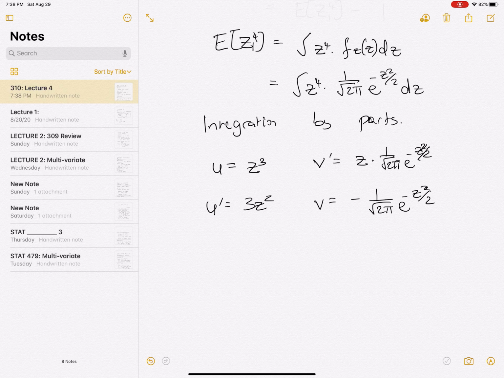And so this is going to be equal to u times v.